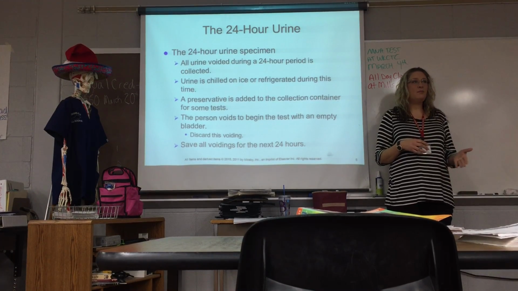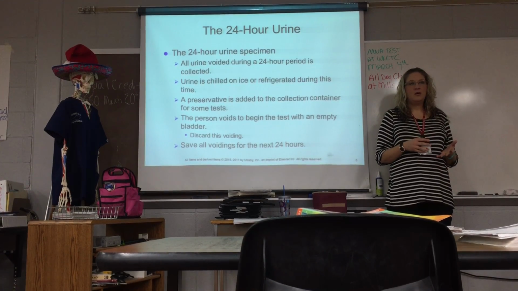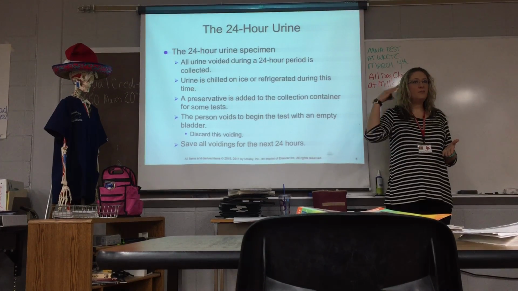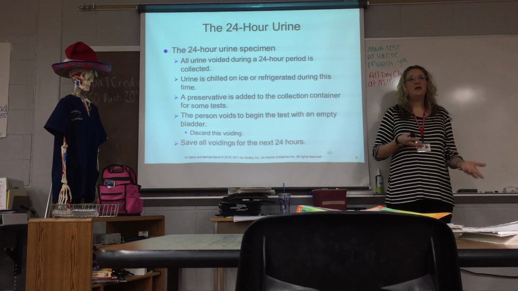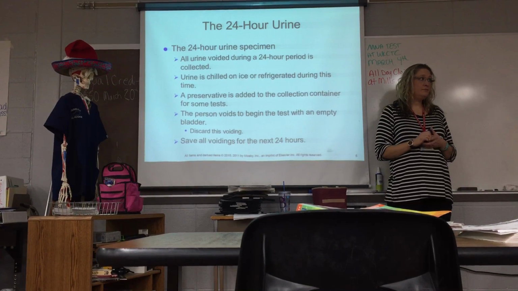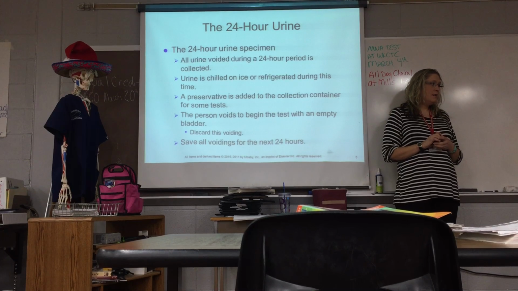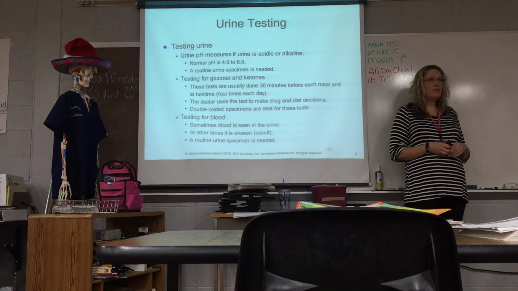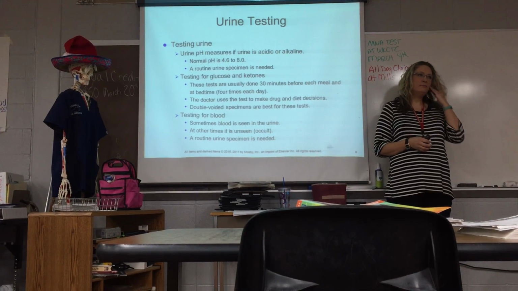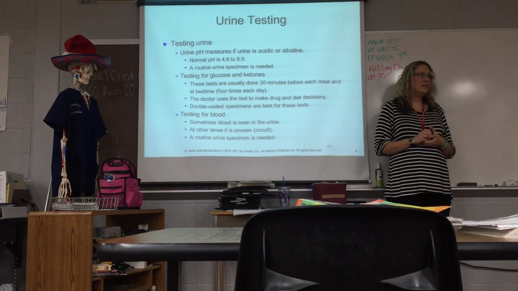We want a clean, empty bladder. The timer starts. Then every time they void from then on, you're going to collect it in what we call a hat, and pour it into that jug every time. So you throw away the first void, but then you save the next for 24 hours, and as soon as that time frame is up, ice it and send it to the lab.